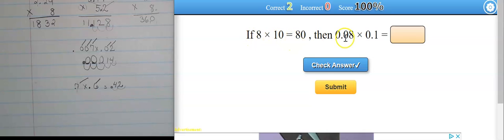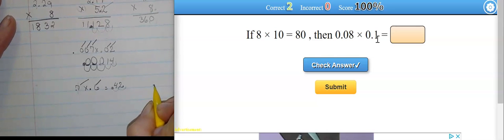8 times 10 is 80. What about 8/100 times 1/10? Ooh, that's kind of interesting, isn't it? So 8/100 times 1/10. 1, 2, 3 places. So we could even look at this as 8 times 1 is 8.